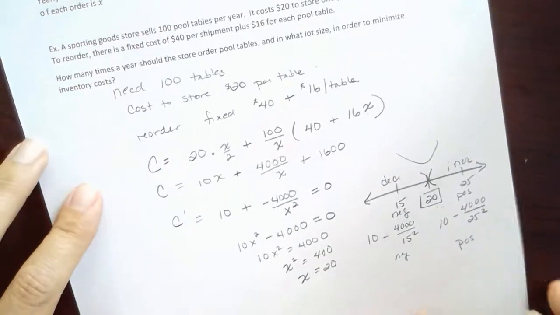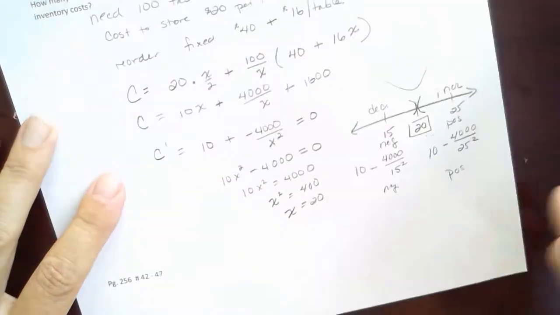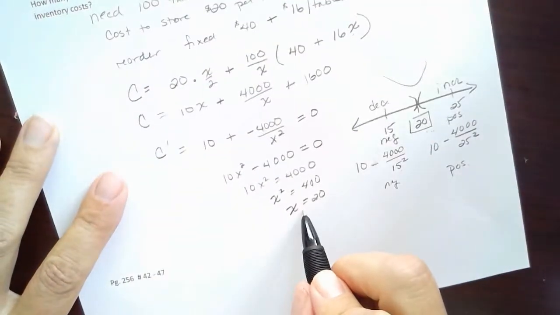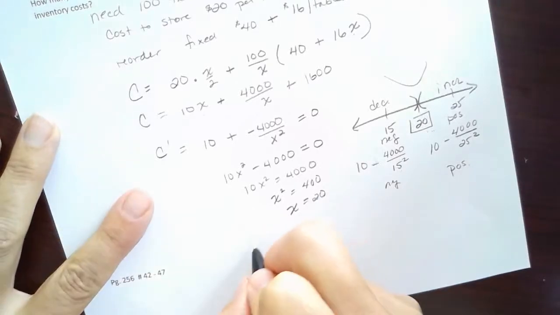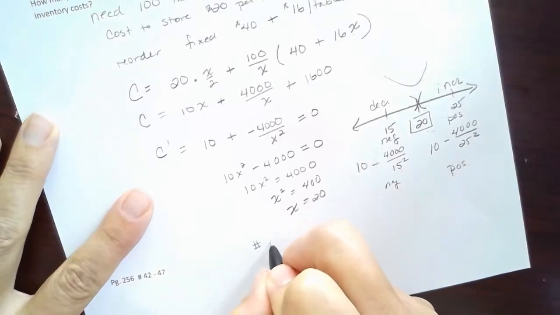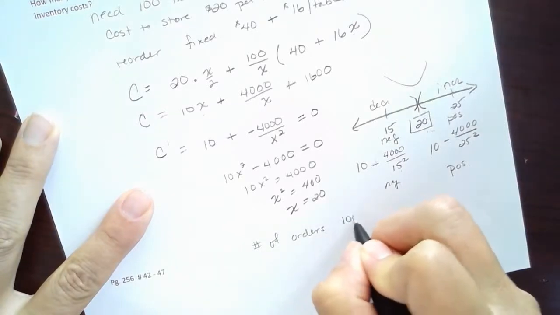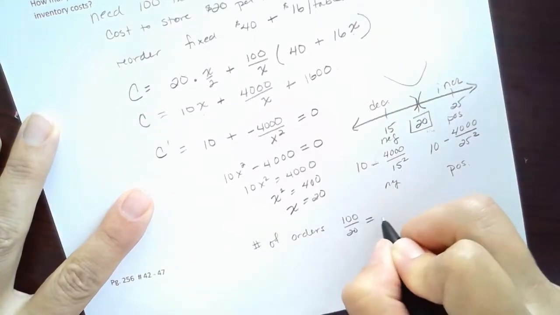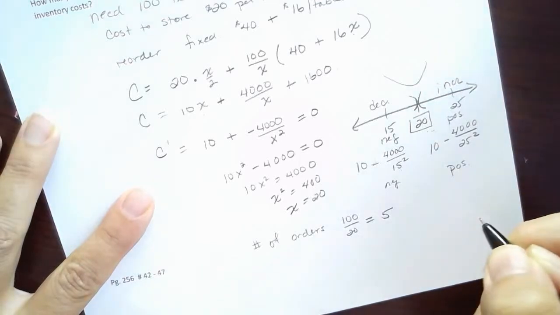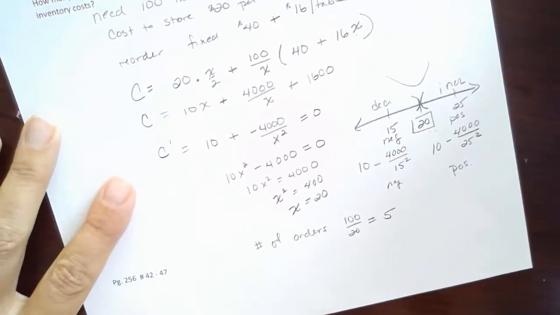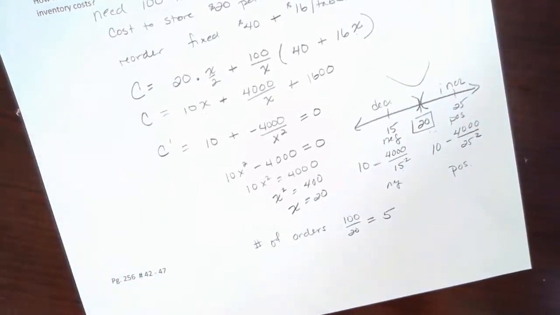So that means that we want to order 20 items per order, and the number of orders will be 100 divided by 20, which is 5. So there's going to be 5 orders, 20 tables each, in order to minimize the cost of these 100 pool tables that we plan to sell during the year.